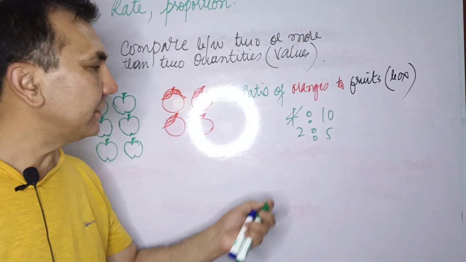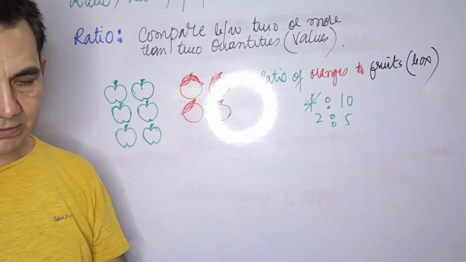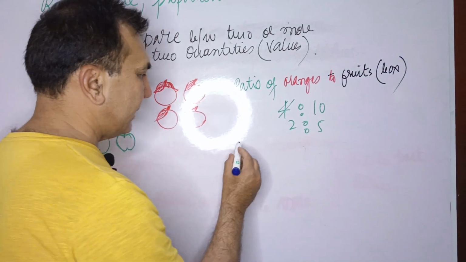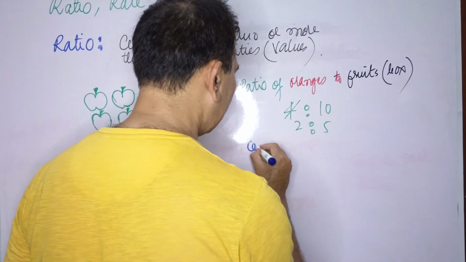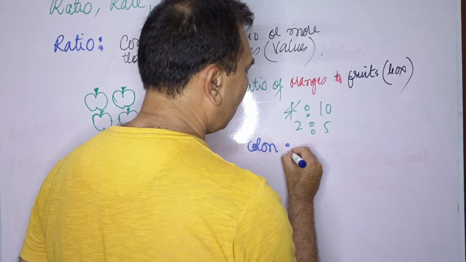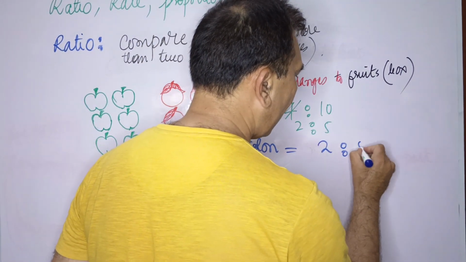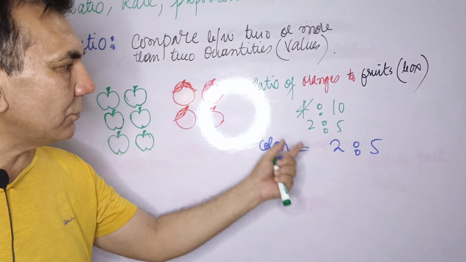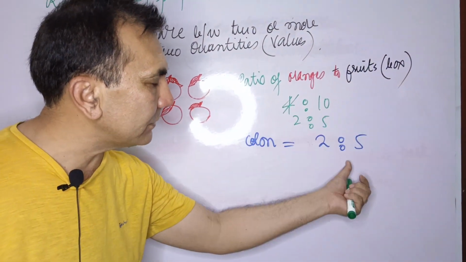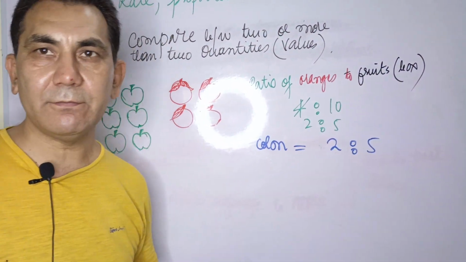Now we can write this ratio by 3 methods. The first method is called the colon method. With the colon we can write 2 to 5. The ratio of the orange to the fruit box is 2 to 5.